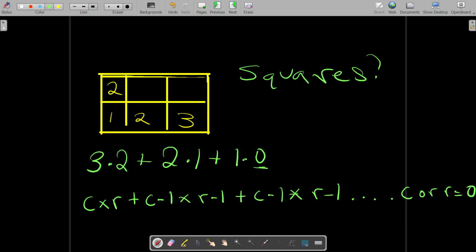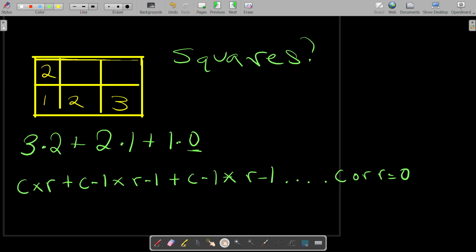Once we reach 0, that's the end of it, because that would just equal 0 and that wouldn't have any value to our sum.